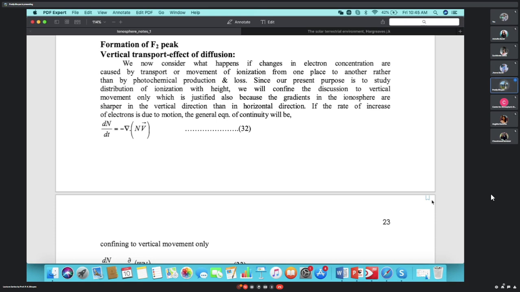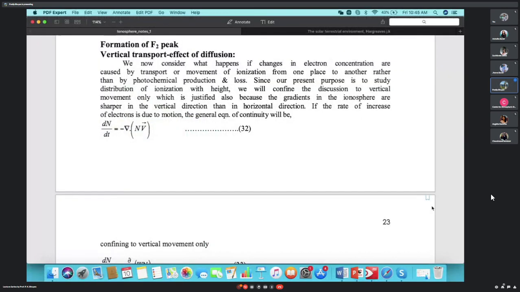So if the vertical gradient is within, say, 100 kilometers, then your horizontal gradient may be 1000 kilometers or more. That means one order of magnitude across the horizontal direction. So you may neglect that movement, and because the vertical gradient is large, the movement or diffusion will also be mostly vertical.